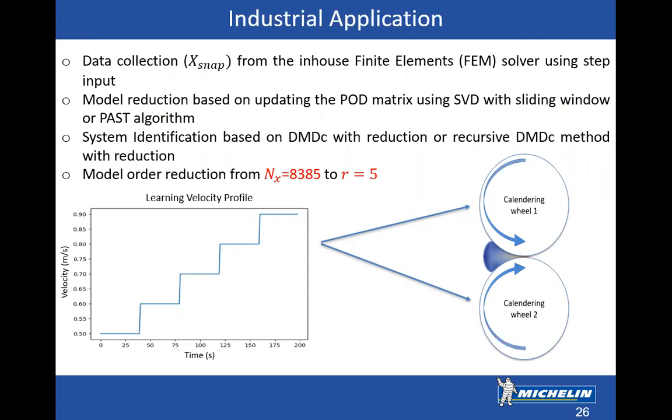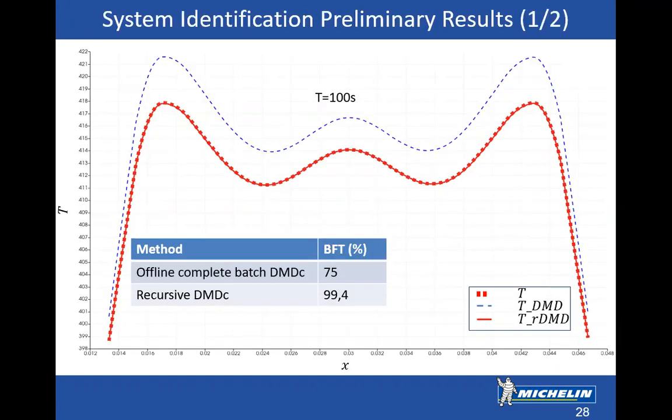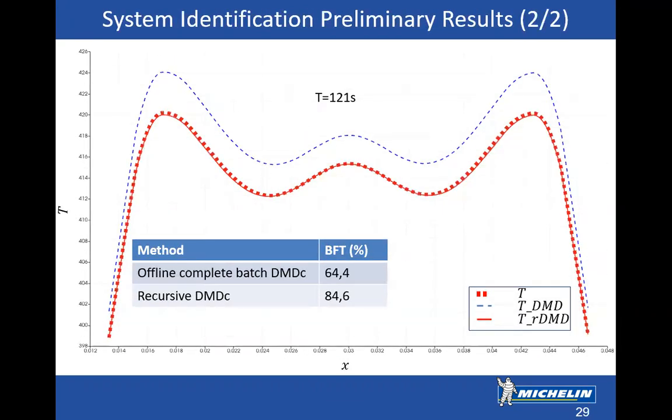So what if I test it directly after the step, at 121 or 122? Okay, for 121, the recursive DMDC kept its accuracy, and it's almost the same. We can see here that it's slightly moved away. Meanwhile, for the DMD, we still have 4 or 5 degrees of difference.